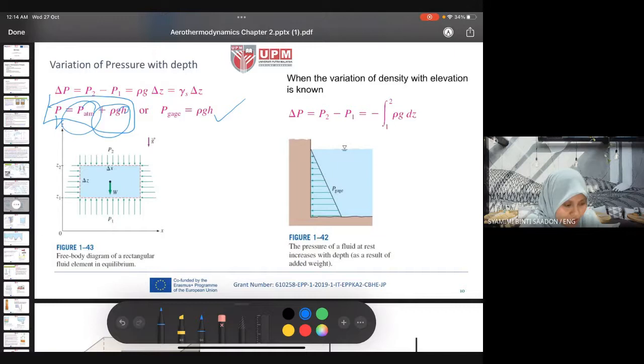We also have a variation of density like this, and you can use the integral form.